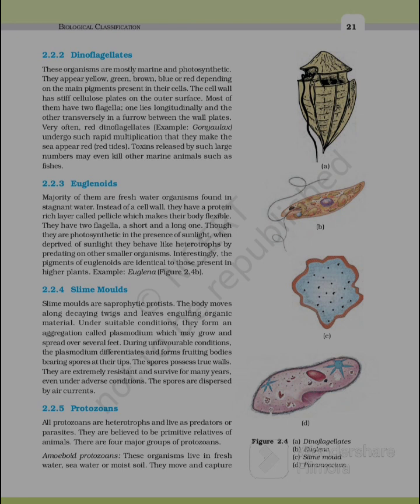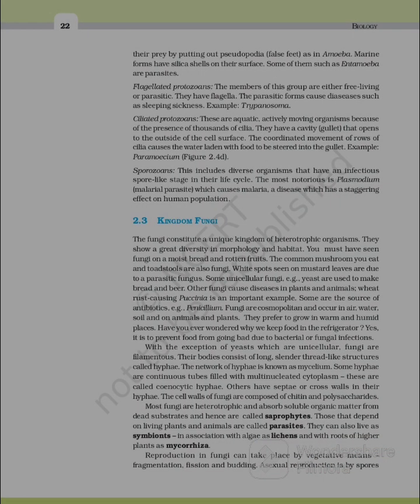These organisms live in fresh water, seawater, or moist soil. They move and capture their prey by putting out pseudopodia (false feet), as in Amoeba. Marine forms have silica shells on their surface. Some of them, such as Entamoeba, are parasites.